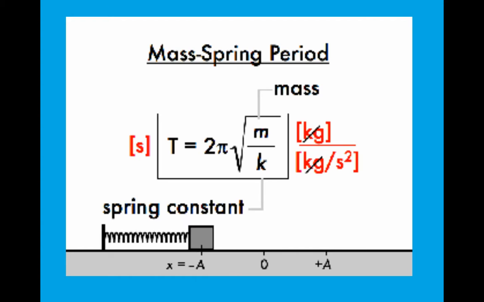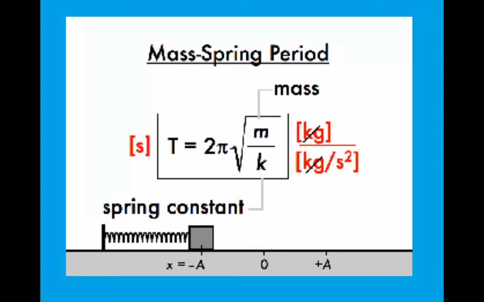So the period of a spring mass system, capital T sub S, is equal to 2 pi times the square root of m over k, where T is the period measured in seconds, m is the mass measured in kilograms, and k is the spring constant measured in newtons per meter, which is equivalent, newtons per meter is equivalent to kilograms per second squared.